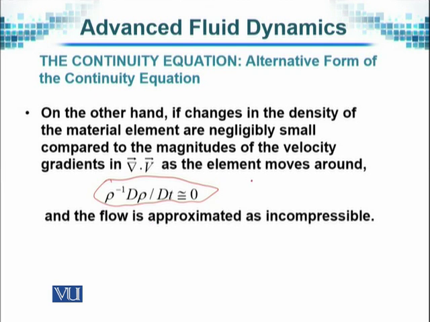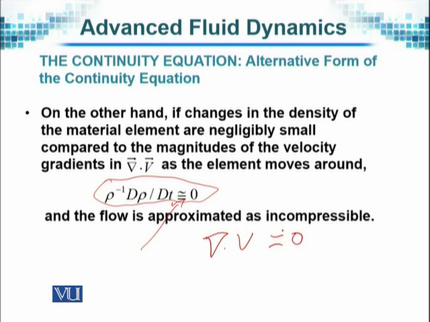That is, the flow is incompressible when there is no change in density. As we have said, the changes may be taking place, but they are so small compared to the changes in the magnitude of the velocity that they can be ignored, and therefore this quantity is approaching 0, and we are left with the divergence of v equal to 0.